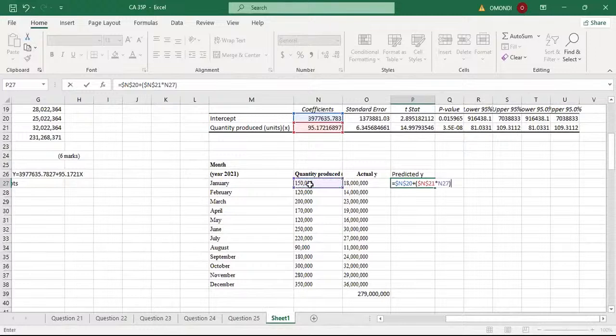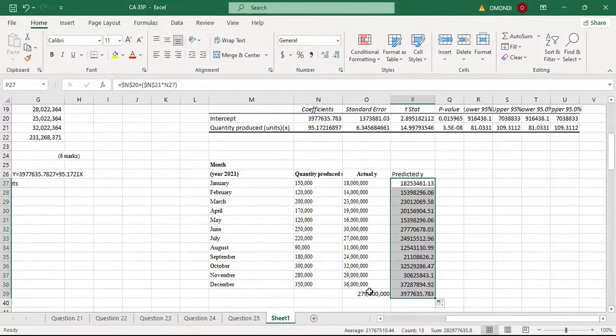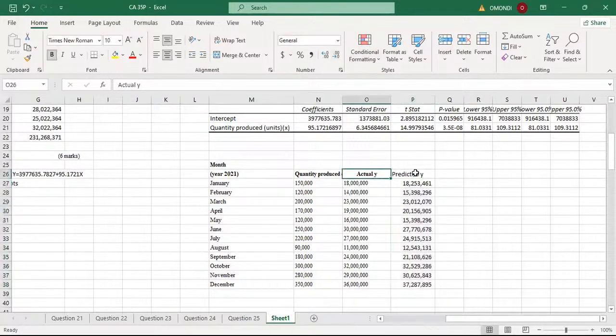By doing that, I now have my actual y and predicted y.